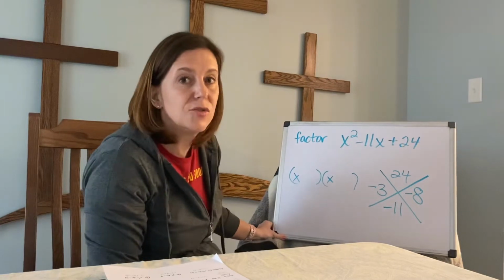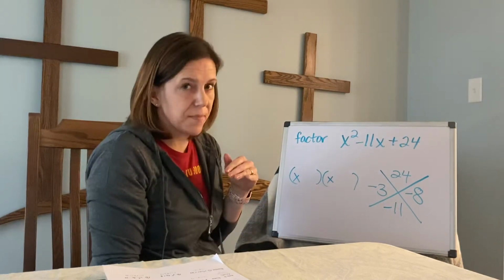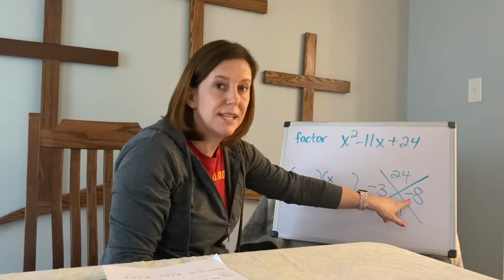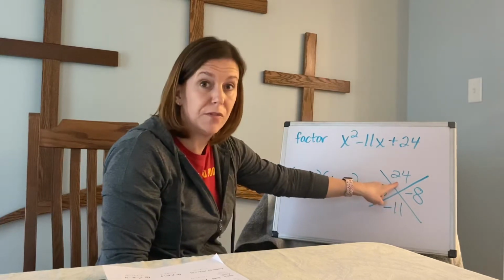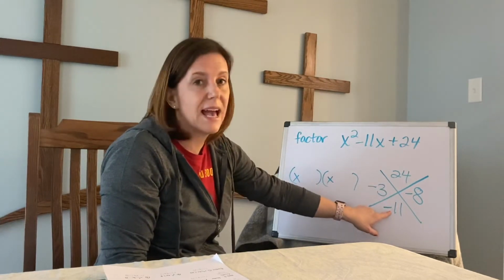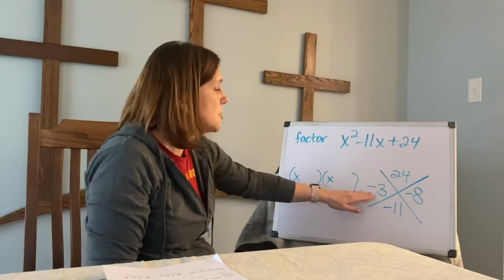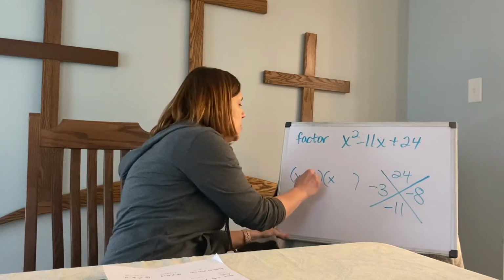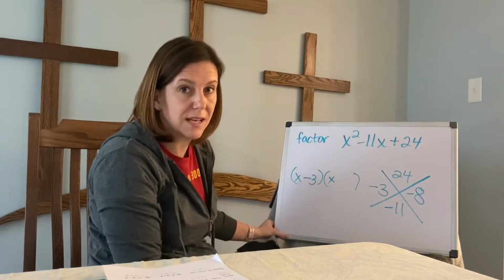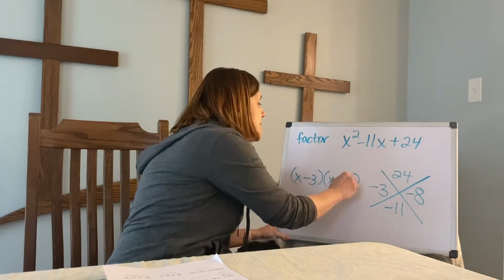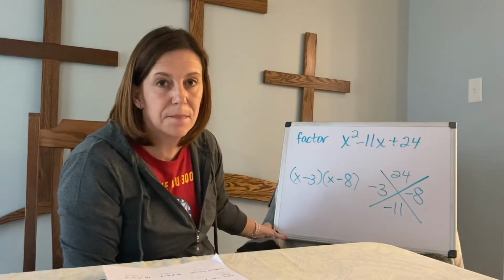So my signs do matter. I double check my x form. Negative 3 times negative 8 gives me positive 24, so it still works, and they add to get me negative 11. So that means one of my binomials is x minus 3, and x minus 8 is the other one.